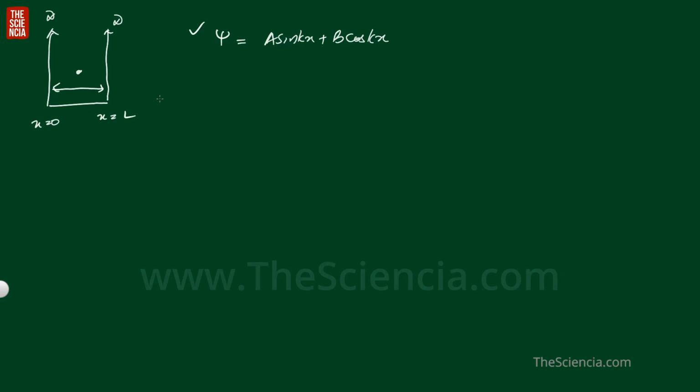So what we have to do to make this wave function exactly represent our particle? We have to modify this equation based on boundary conditions. So here what is the boundary condition? First boundary condition, when the particle is at x equal to 0, you see beyond this region there is no particle.